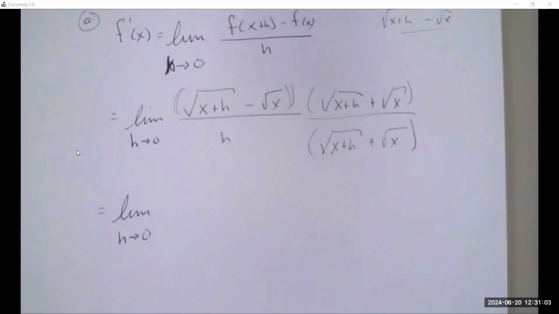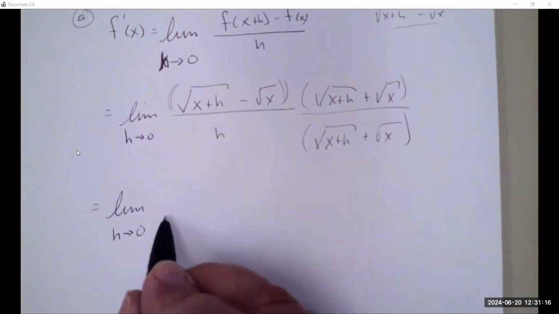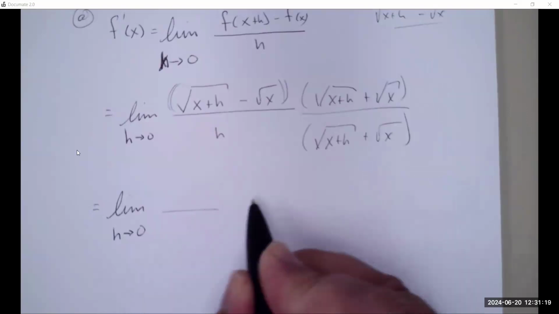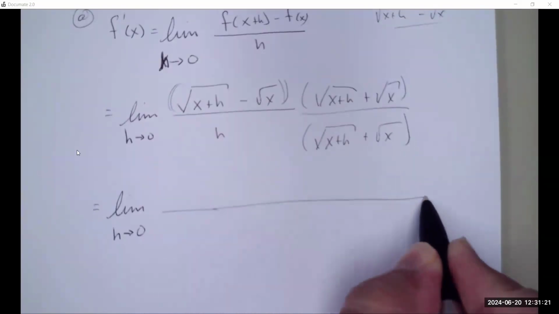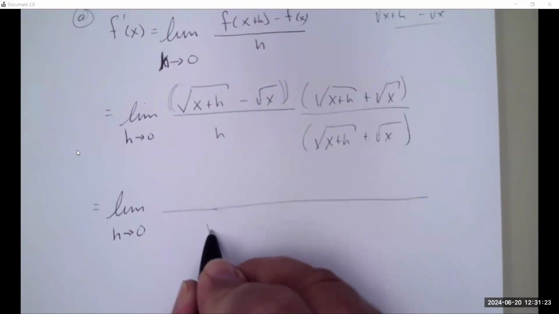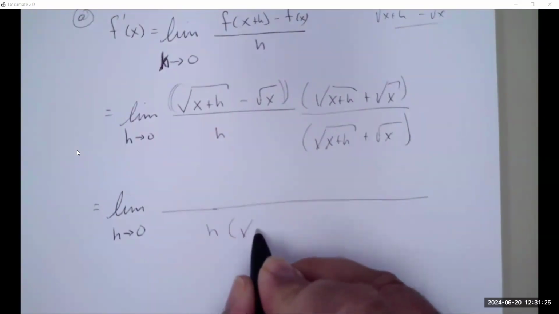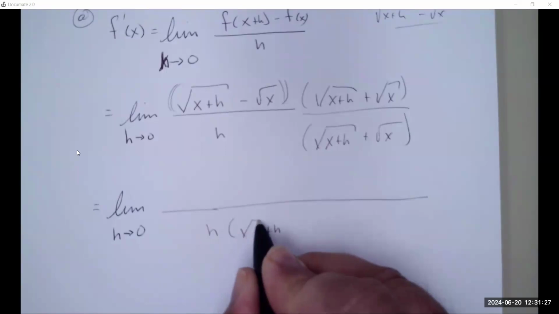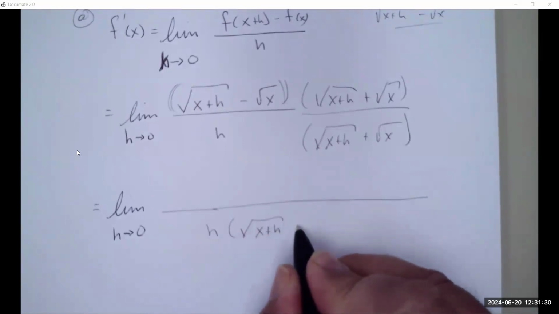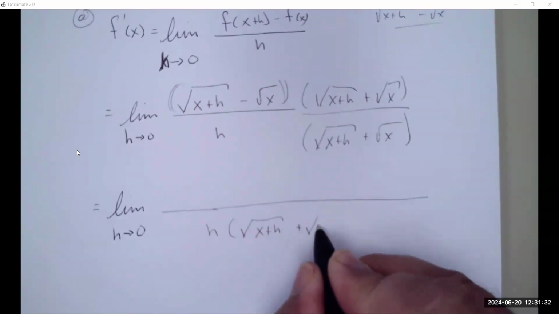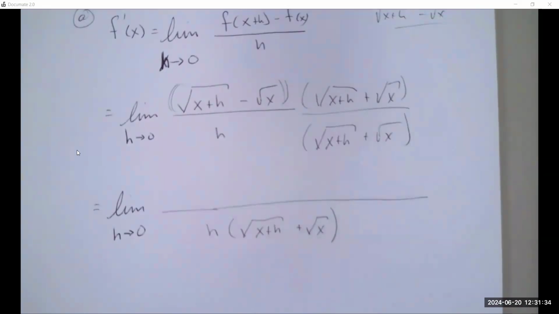If you ever have radicals, usually the conjugate is the thing, because what happens when you multiply the conjugate to a radical? It just makes the radical disappear. The same thing goes with imaginary numbers. On the bottom, it's h times radical x plus h plus radical x in parentheses.